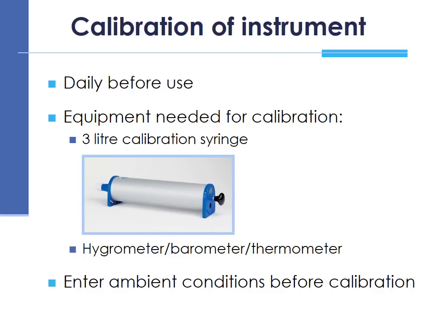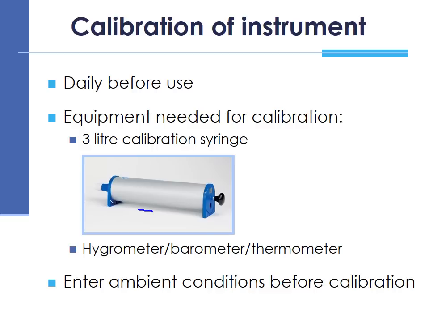Daily, before the use of the spirometer for lung function tests, it's important that the instrument is calibrated. This is only necessary once per day. So if the spirometer is used throughout the day, if it was calibrated once in the morning, that would be sufficient. The equipment needed for this calibration includes a 3-liter calibration syringe.